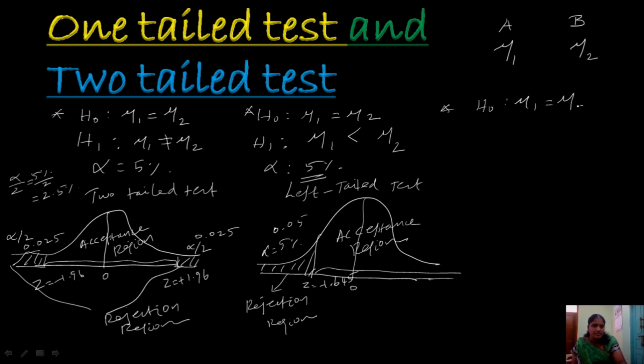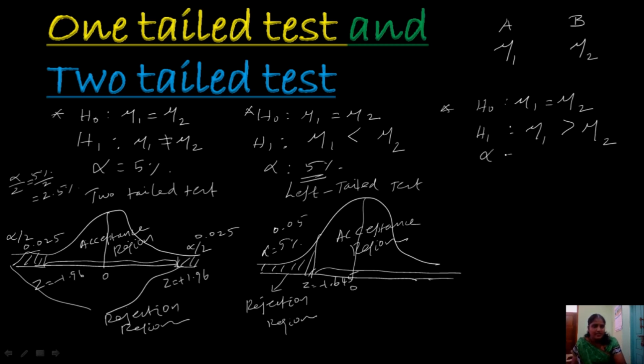H0, that is mu1 is equal to mu2. Here I take my alternative hypothesis as, suppose the mean life of the car batteries produced by company A is superior to that of B, then in such a case my alternative hypothesis is mu1 is greater than mu2.